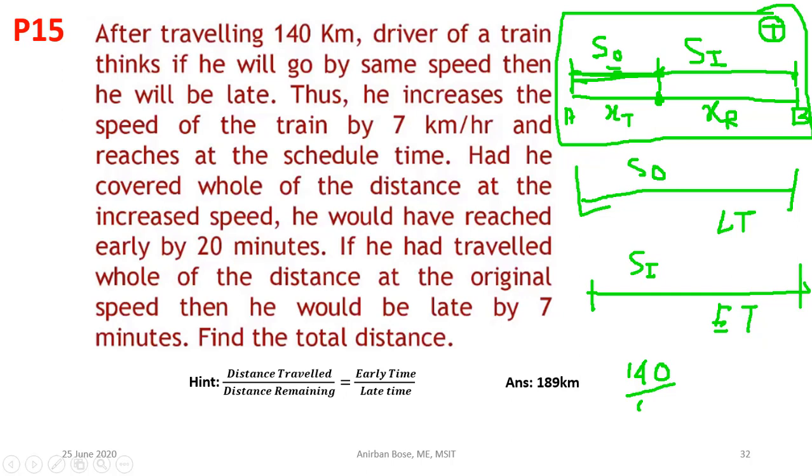That distance we do not know. Say the remaining distance is xr, and that will be equal to early time by late time.